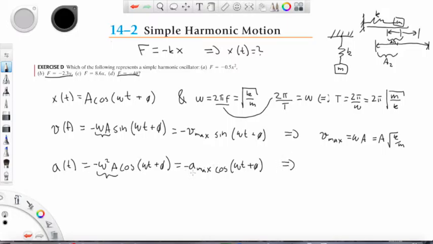And in this case, the maximum acceleration is from here, omega squared times A, which can be written as A times k over m, since the square takes care of the radical.